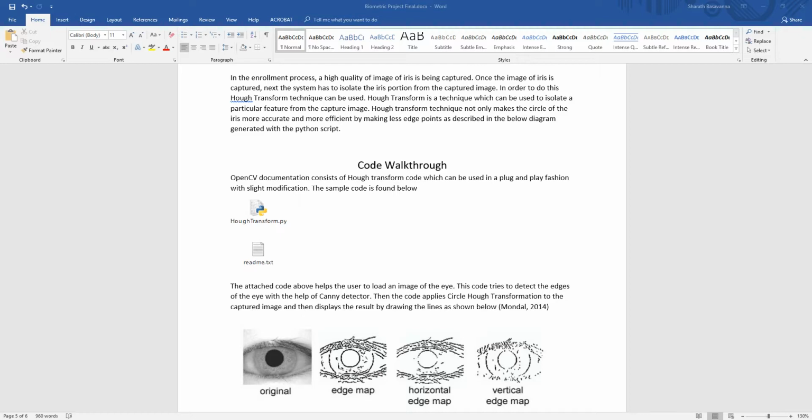Sorry about that. So in this program, the circle Hough transform is implemented by voting in the Hough parameter space. The image is smoothed using a Gaussian filter to eliminate any unwanted noise, and then the edges are detected in the image using Laplacian of Gaussian.